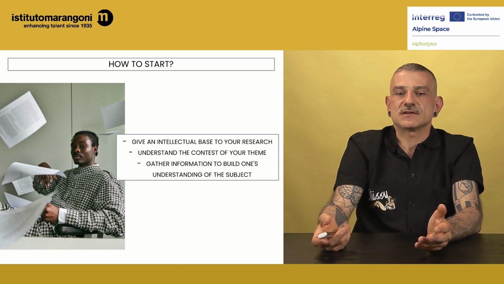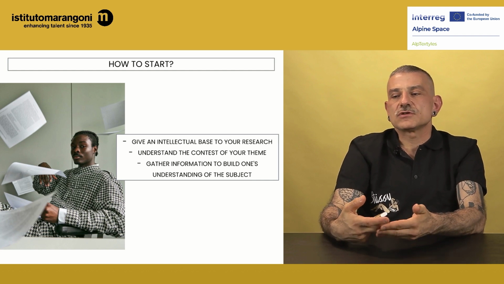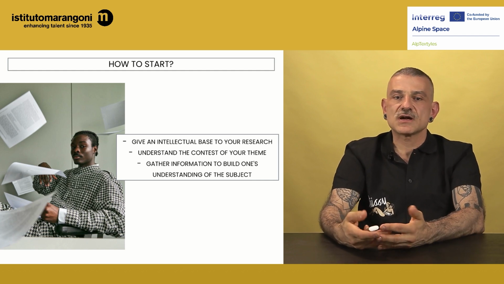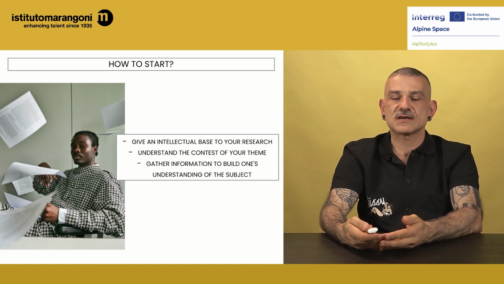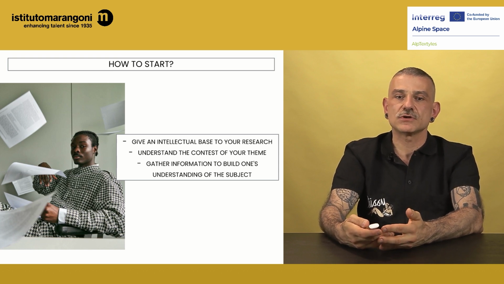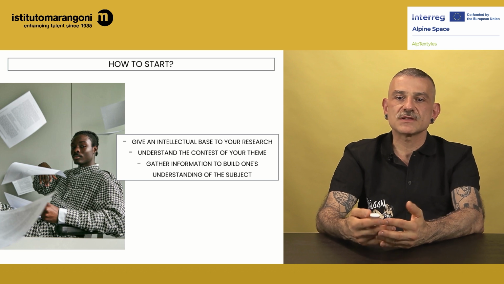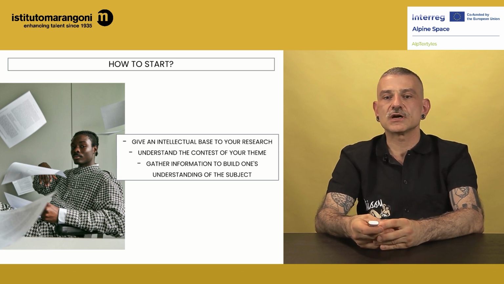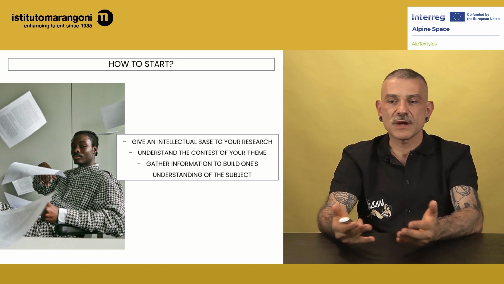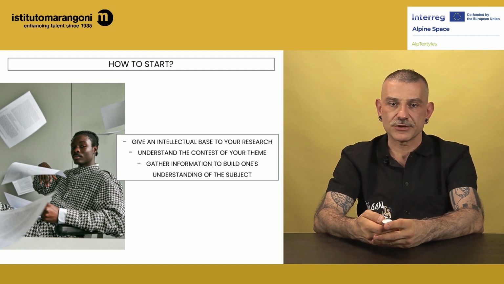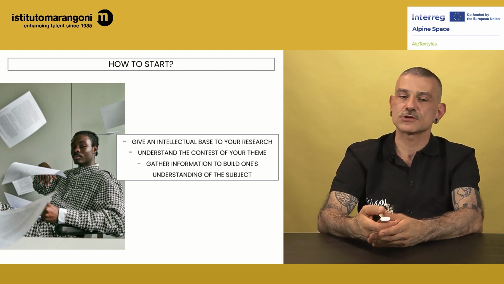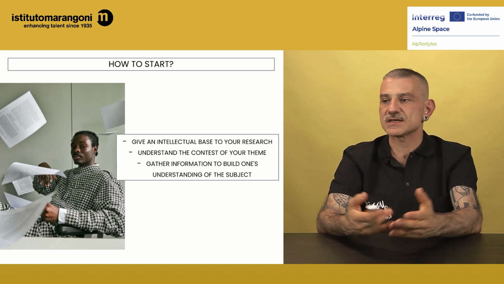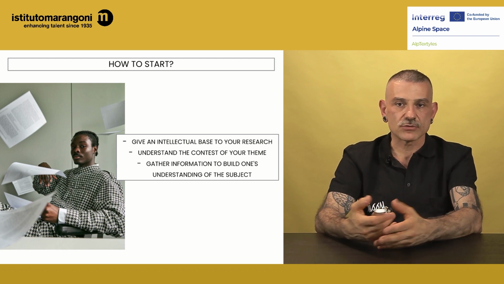Now, where do we start? I've said we have to conduct in-depth research, but how do we start it? First of all, never forget to give an intellectual base to your visual context. No matter what the theme is, you can start from organic, from alpine, from a retro keyword.